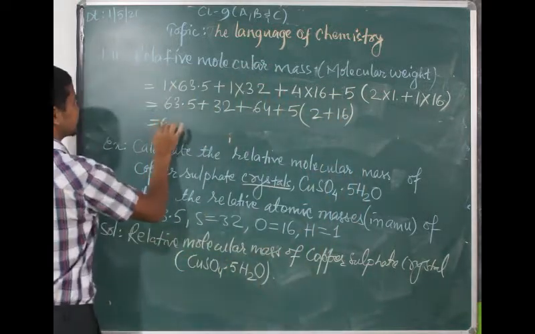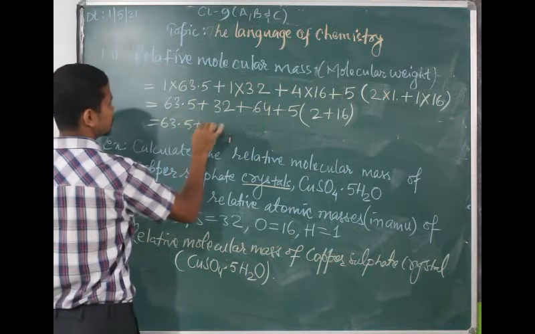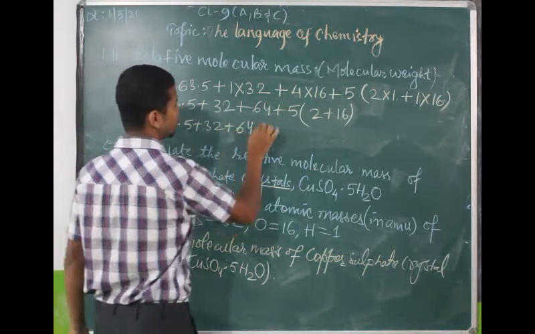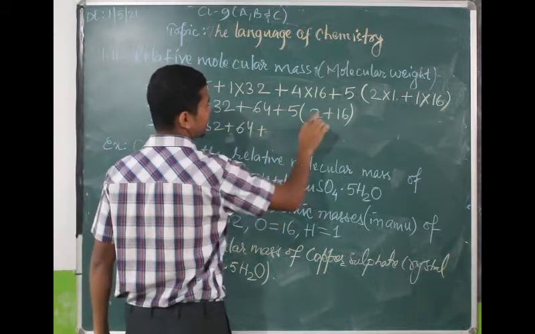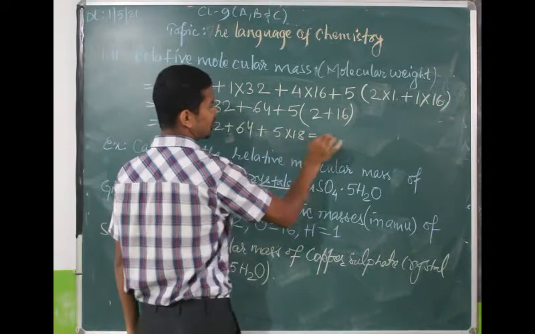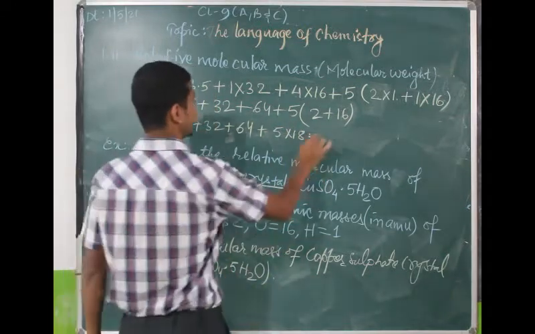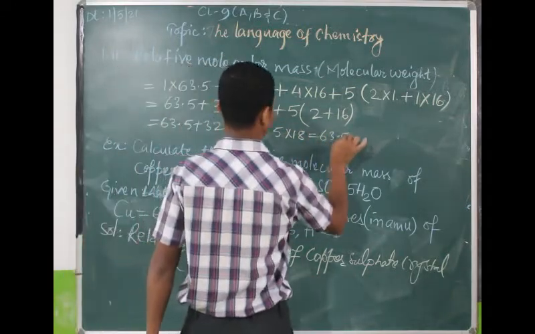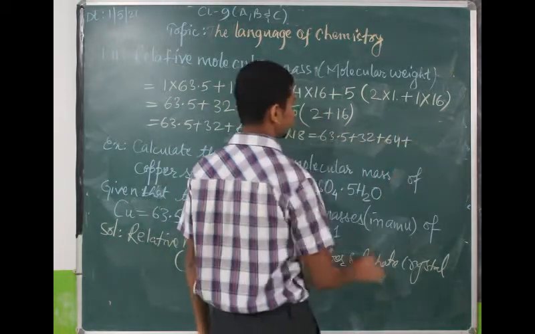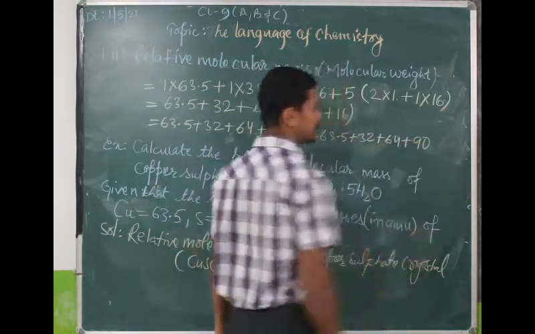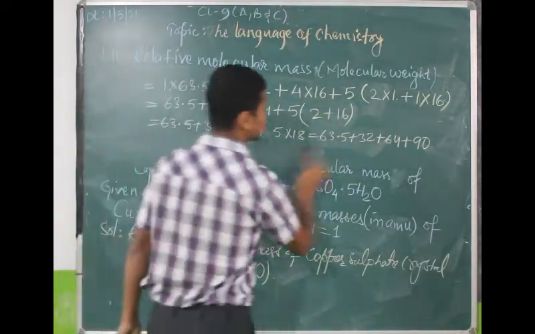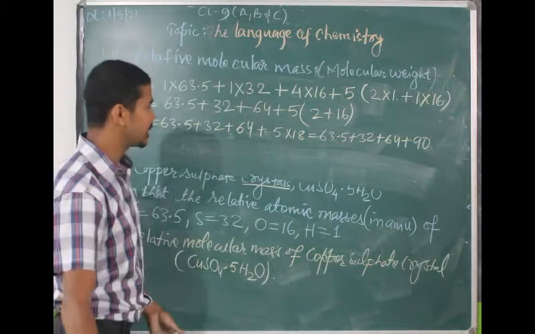Then it is 63.5 plus 32 plus 64 plus 5 into 18. 5 18s are 90. Then you just add.